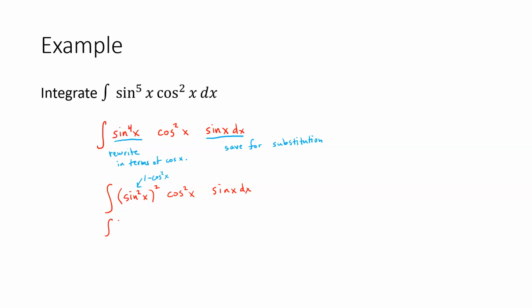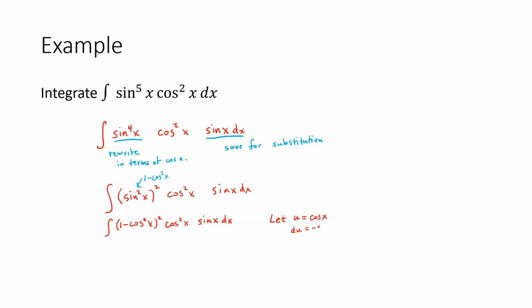So we'll have 1 minus cosine squared squared, and then another cosine squared out here, and then the sine x that we're saving. So we see now all this stuff is written in terms of cosine. So now I'm ready to just replace cosine with the u, and then the sine x dx that we're saving out here becomes du. So now we're ready to let u equal to cosine.